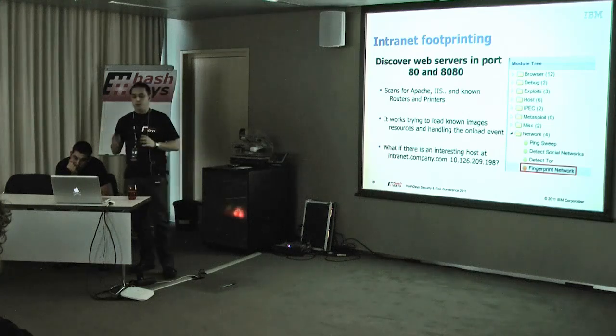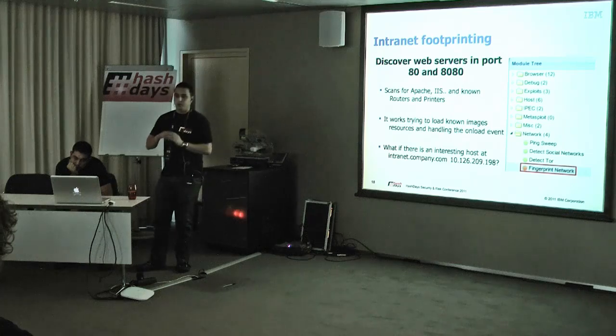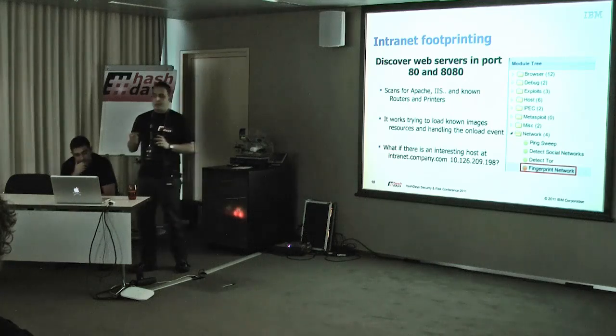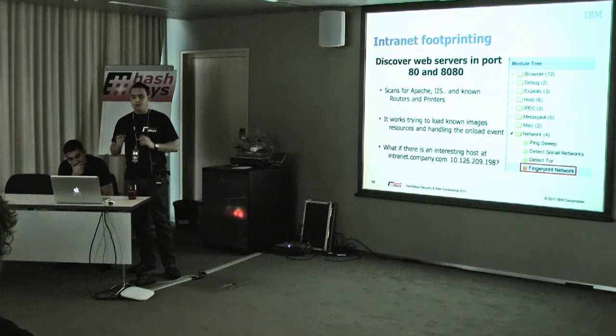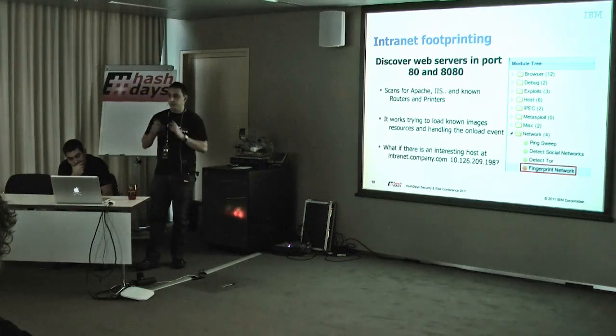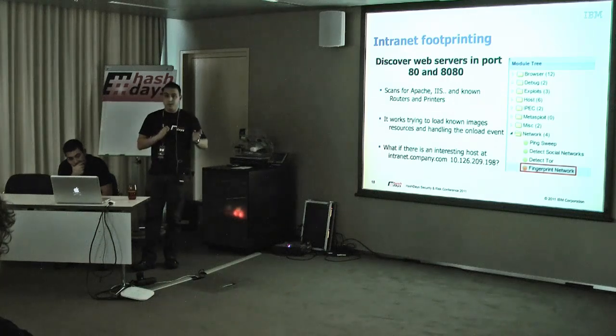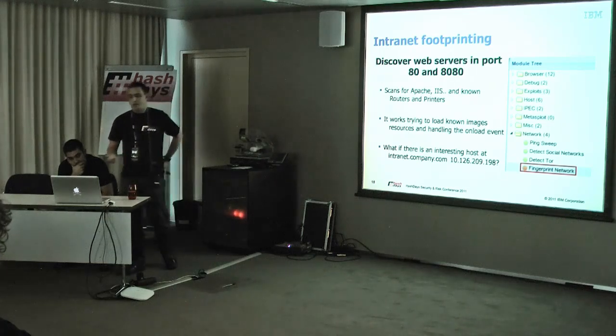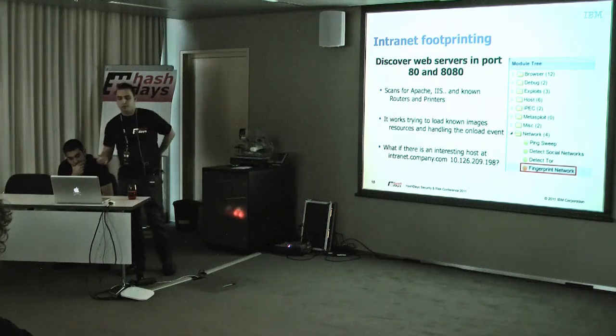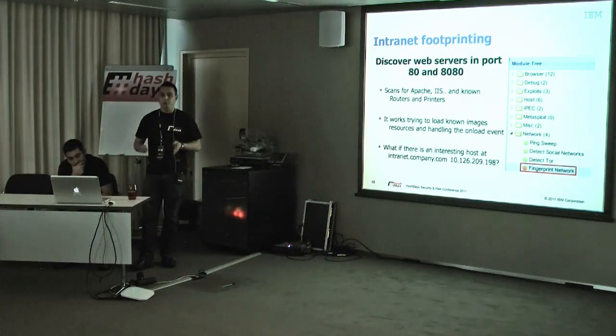So how it works is it tries to load an image, and then, handling the onload event, checks the size of that image. The module has a database with known images and their sizes, and checks for that size, and if it's the same, it knows that it's, for example, Apache 2, because that image was only in Apache 2.